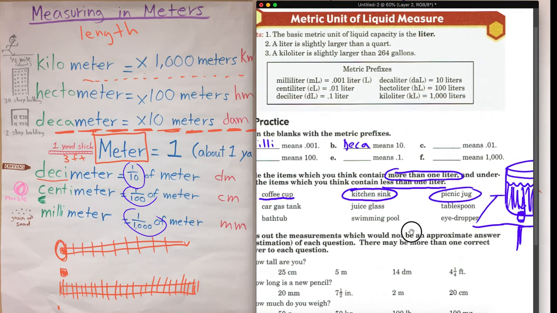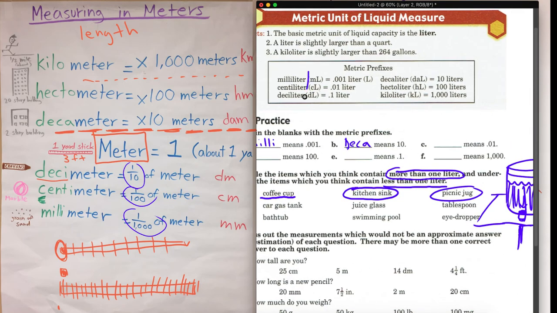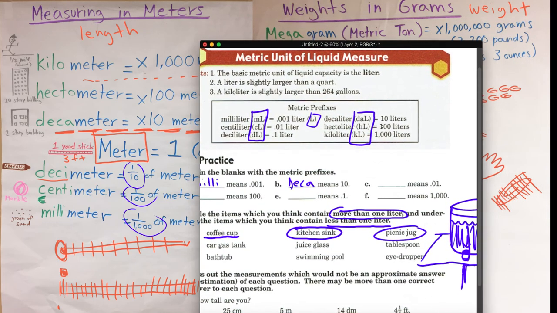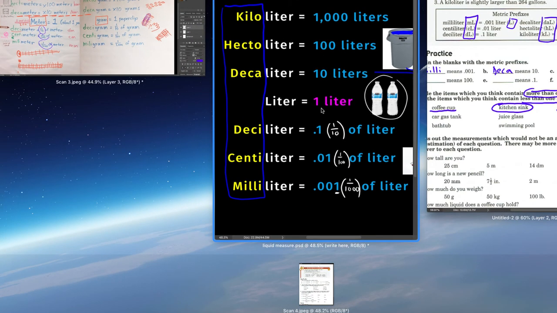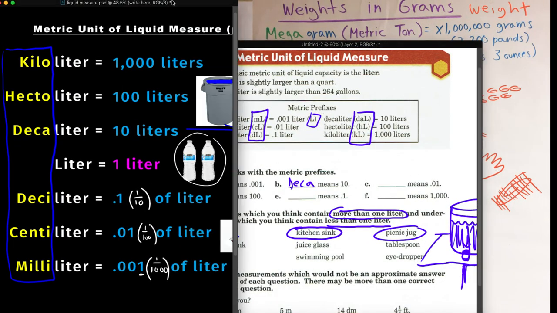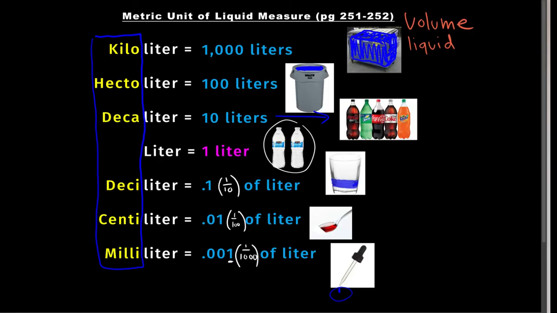I didn't go over this, but I should have had this in the video: make sure you know the abbreviations for the liquid measurements. Maybe I should write that down. Let's write it over here.